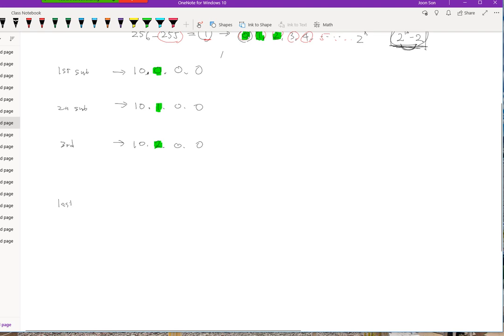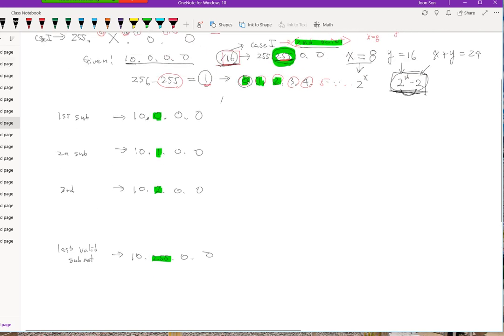So this is the last valid subnet IP address, 10.255.0.0, with 5, 6, 7, 8 and so on all the way to 255 in between.